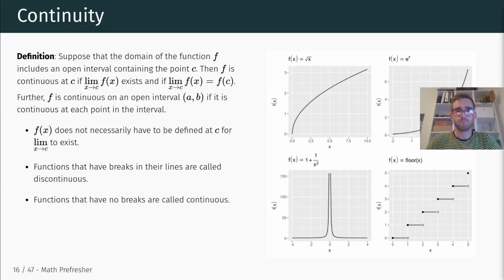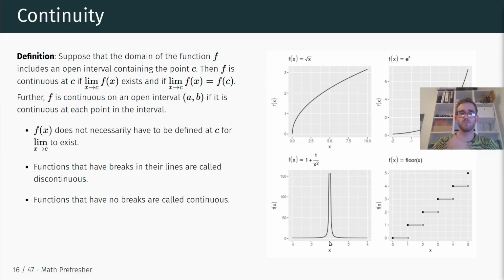Okay, and so those are two examples of discontinuous functions because at x equals 0 for f of x equals 1 plus 1 over x squared, we see that we have a break in the line.